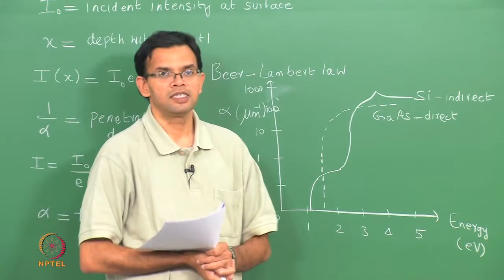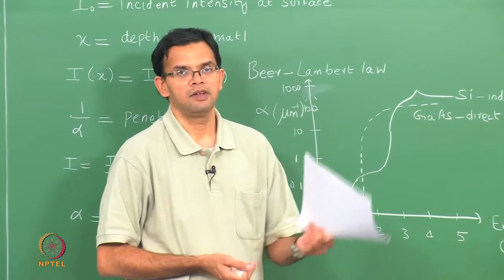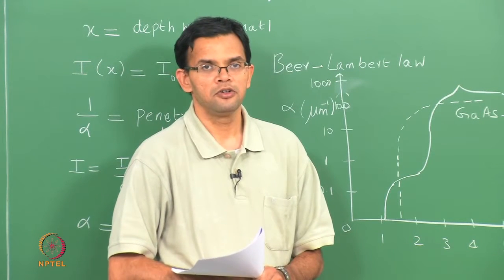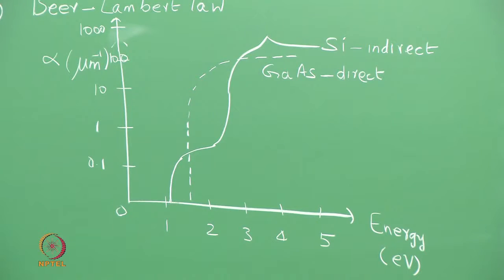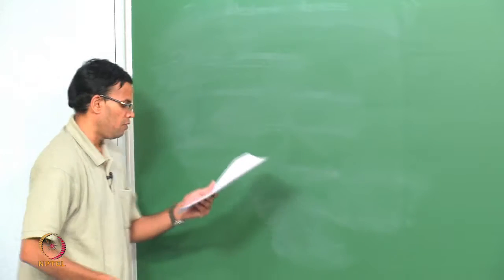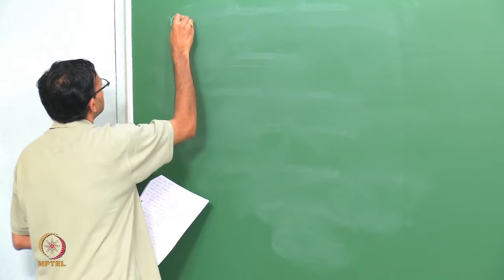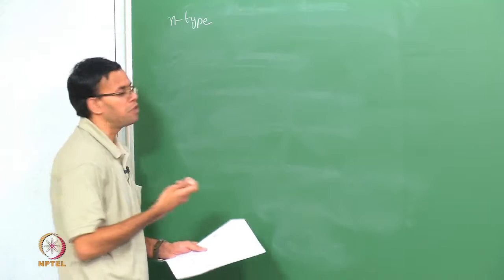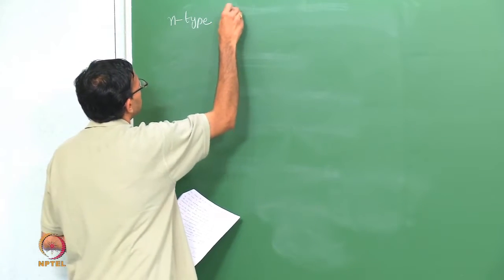So, let us now look at some numbers where we have an electron hole pair being generated in a semiconductor due to incident light. So, consider the case of an n-type semiconductor. For simplicity, I am just going to take the material to be silicon.